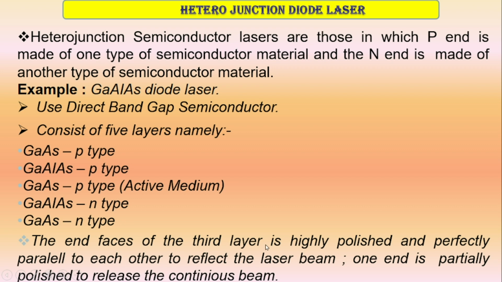The end faces of the third layer are highly polished and perfectly parallel to each other to reflect the laser beam. One end is partially polished to release the continuous beam.